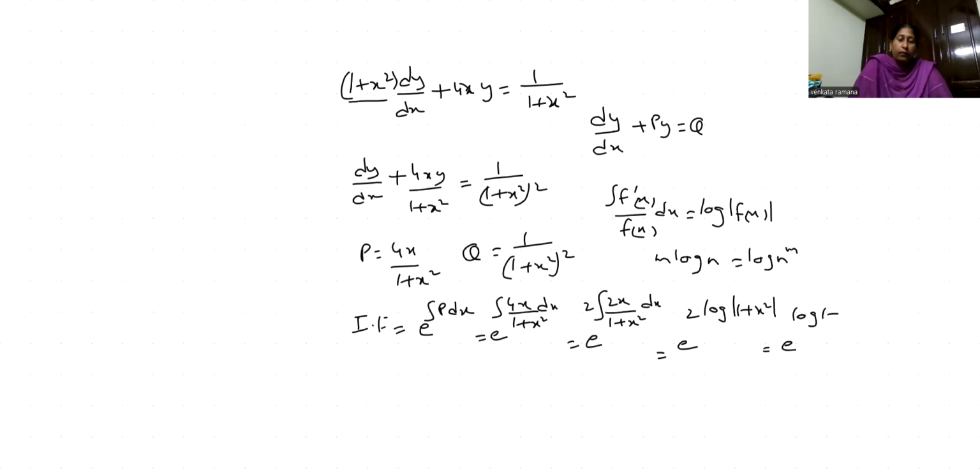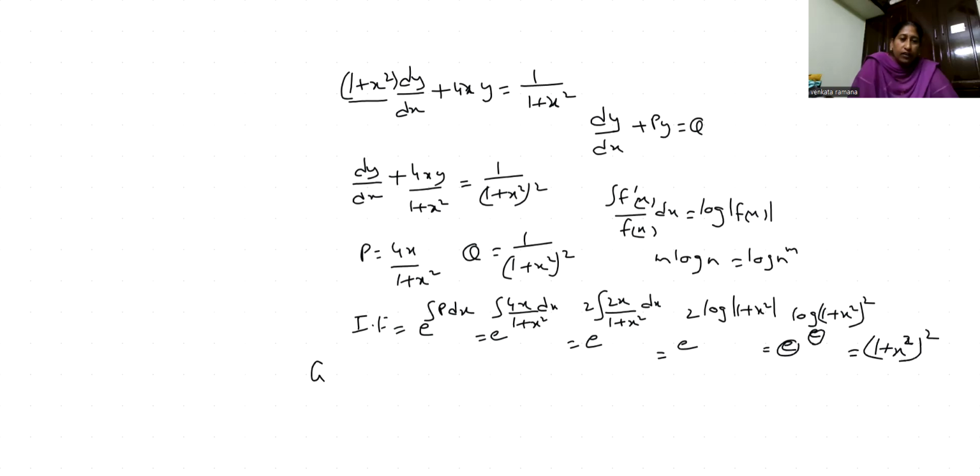Since 1 plus x square is always positive, there is no need for the modulus. The base of the logarithm is e, and the base of the exponent is also e, so both bases are equal and cancel. So we can write the integrating factor as (1 plus x square) whole square.